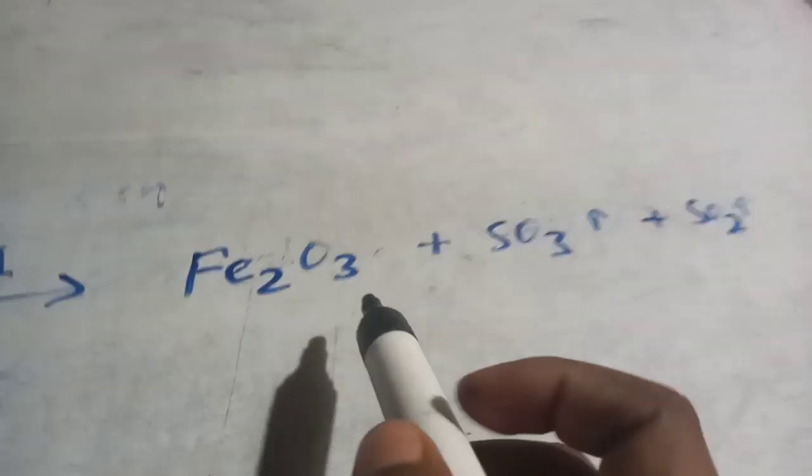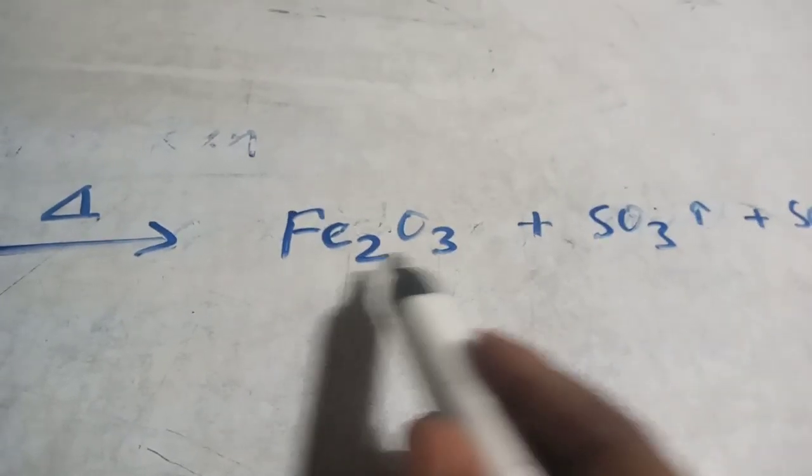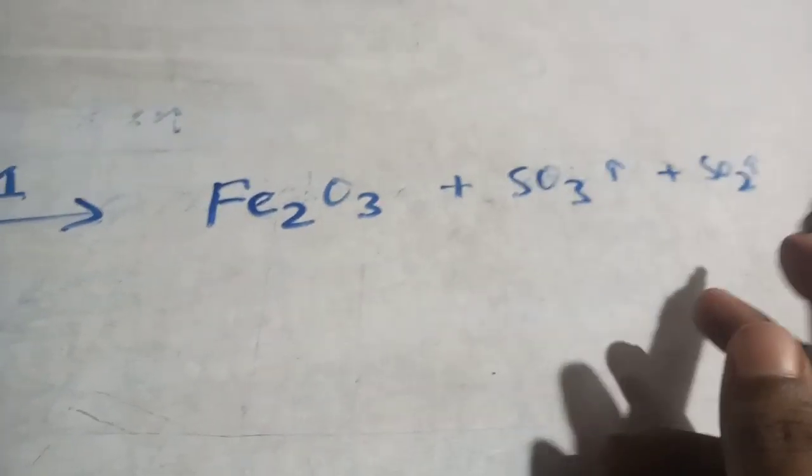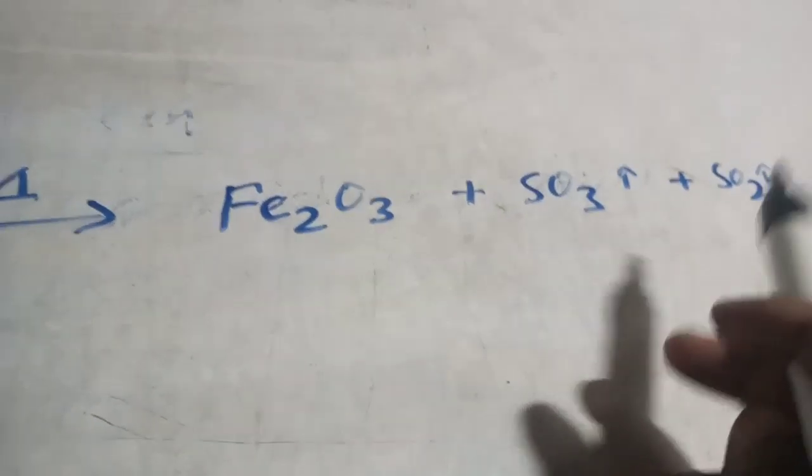You can see here this is iron oxide, sulfur trioxide and sulfur dioxide.